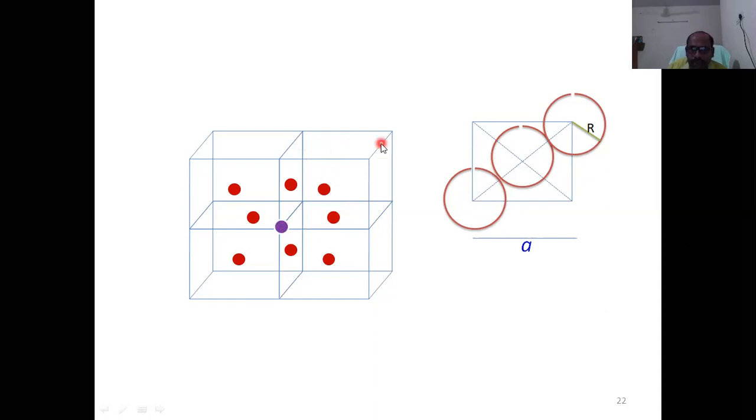Okay, for this cube, there are 6 faces in total: upper face, right face, back face, front face, left face, and lower face. But only 3 faces are touching this lattice point. The left face is touching, the lower face of the upper cube is touching, and the front face of the cube towards us is also touching this point.